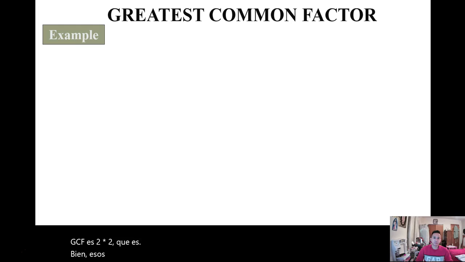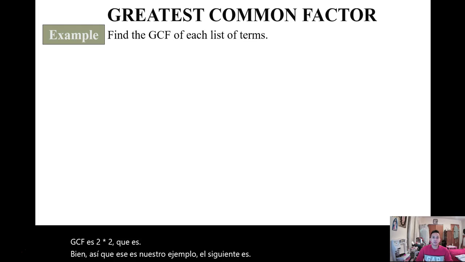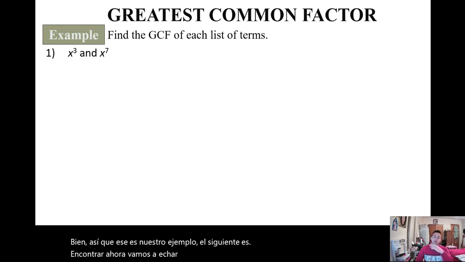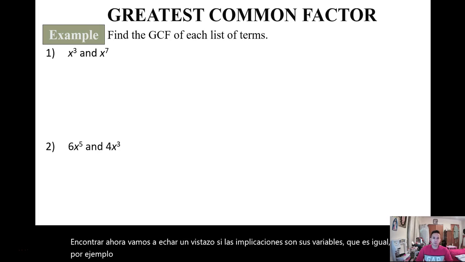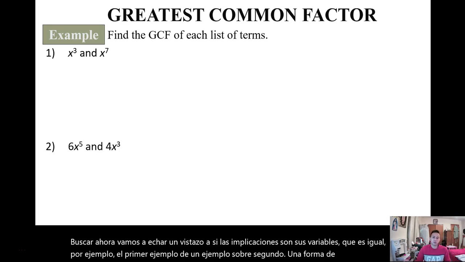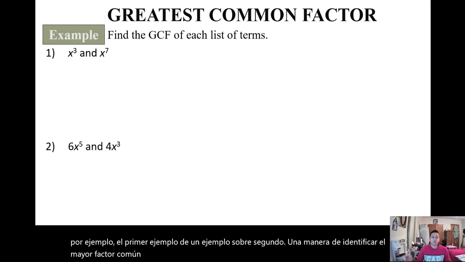Next, let's take a look at when the terms involve variables, just like in our first and second examples. One way to identify the greatest common factor of a variable with an exponent is to take a look at the exponent.